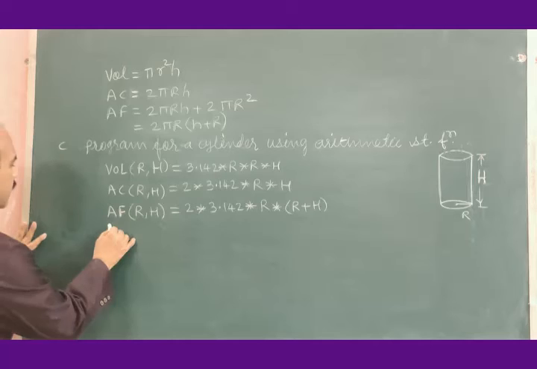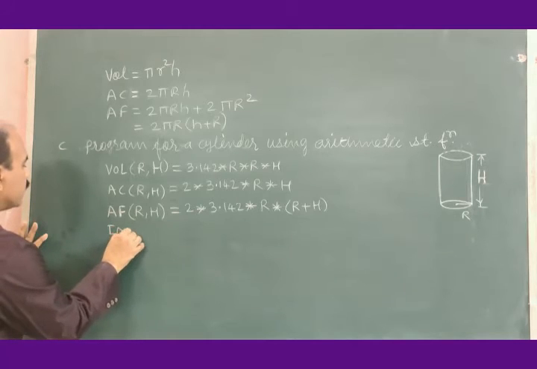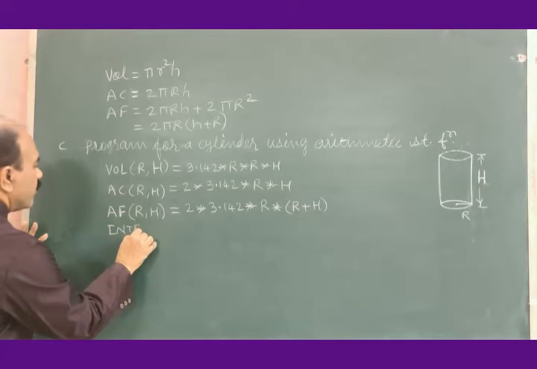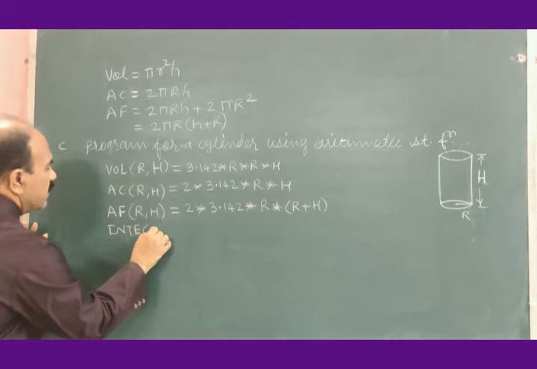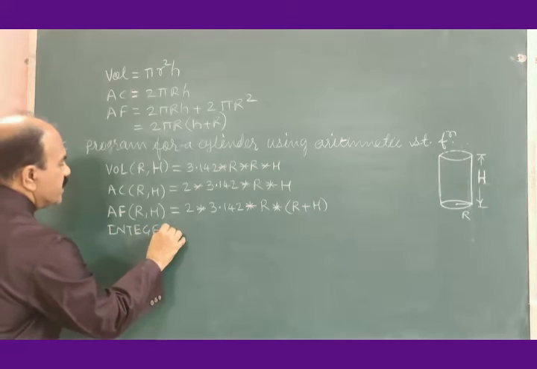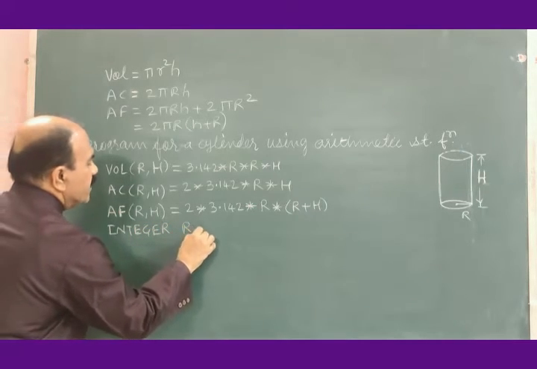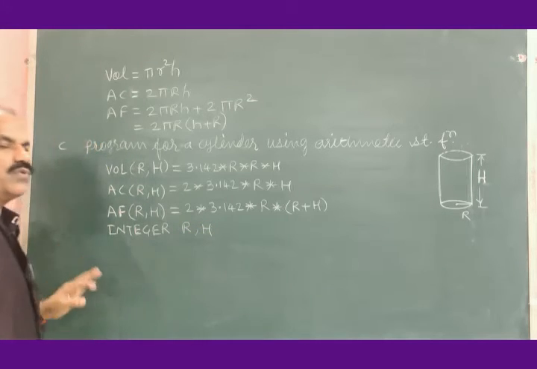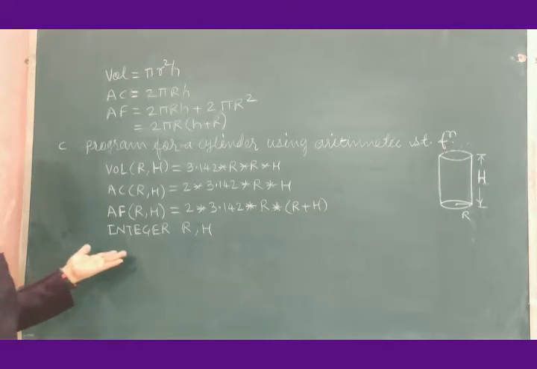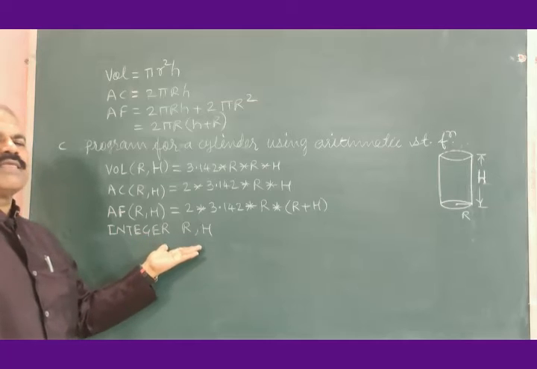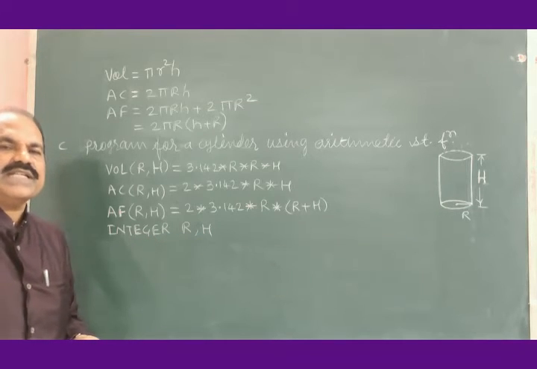Then integer. Of course, it is not always necessary to go only for integer, you can also go for real. For simplicity I have considered R and H both as integer.